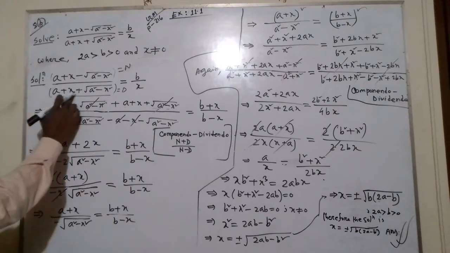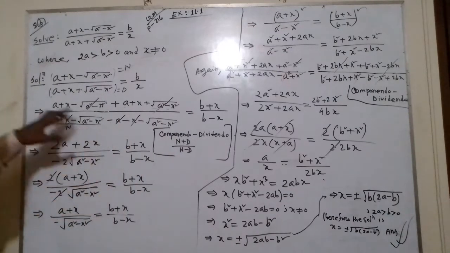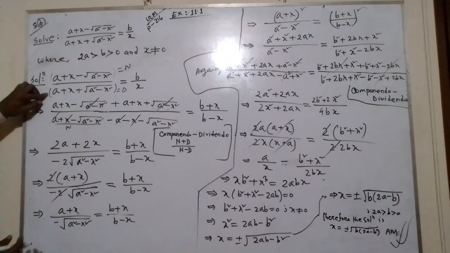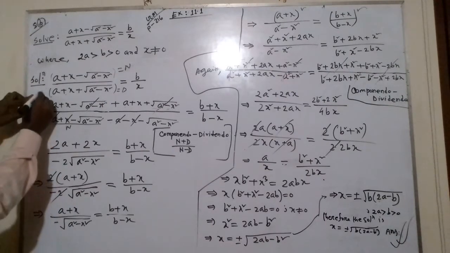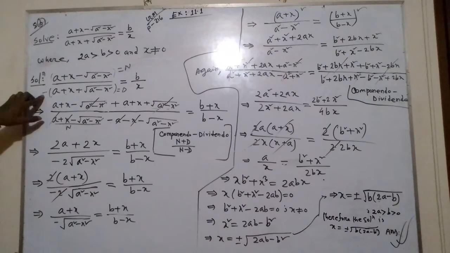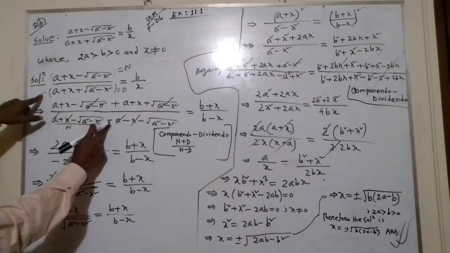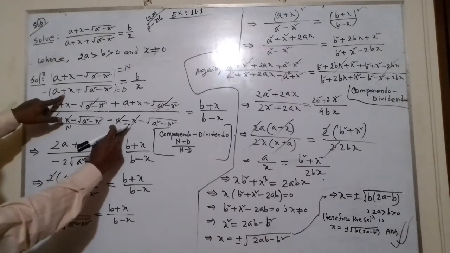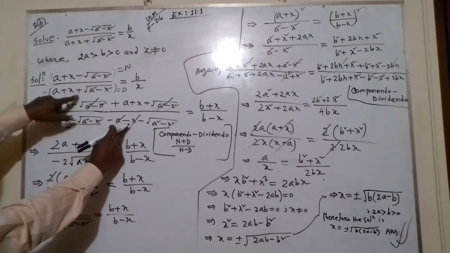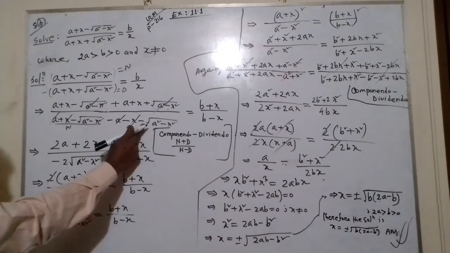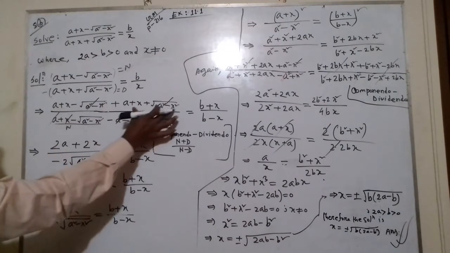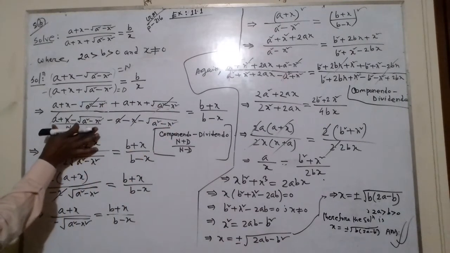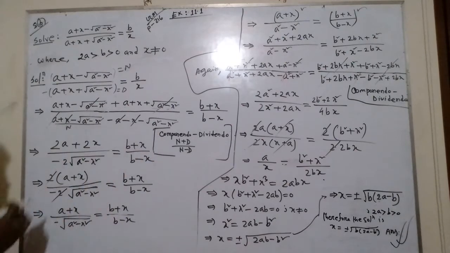If we multiply the denominator by minus, we get minus and plus, and minus.